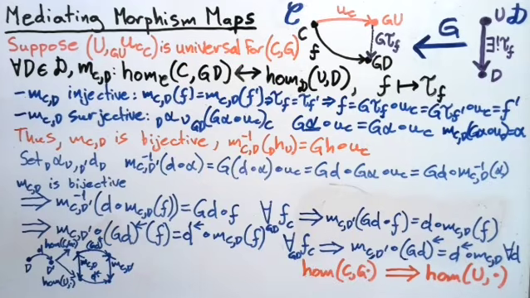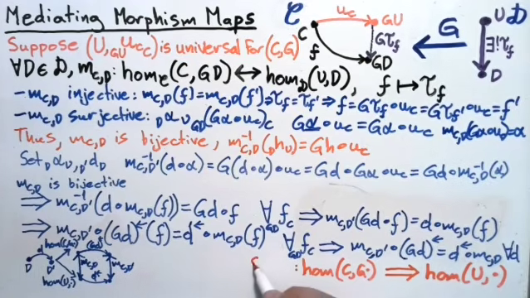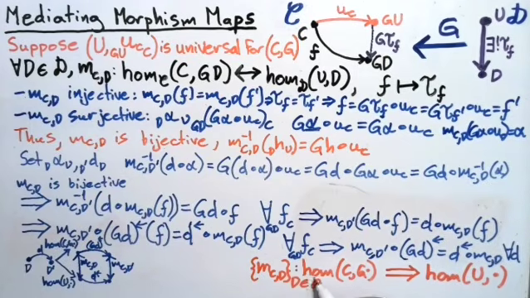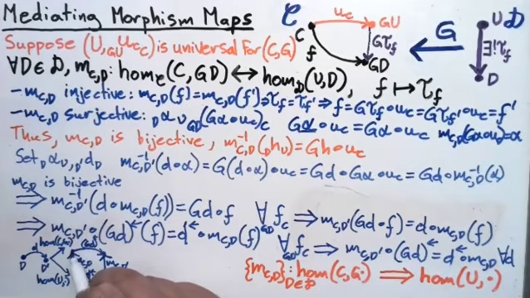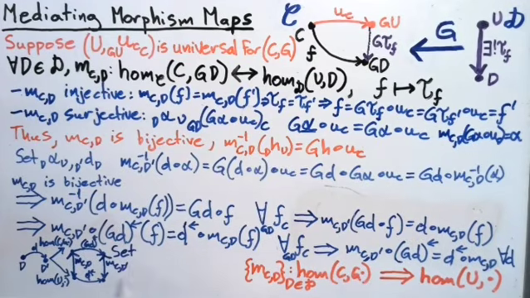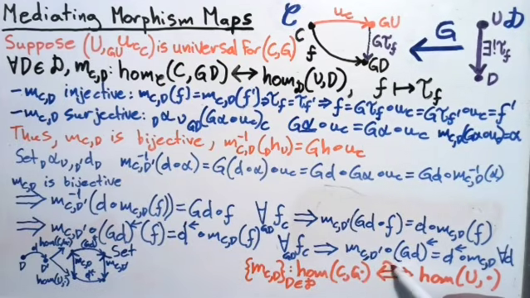And not only that, but we know that it's given by the mediating morphism maps, MCD, for all D in the category D. But since we know that each one of these components is actually a bijection, and that these are bijections in the category of sets, otherwise known as isomorphisms, what we actually have here is a natural isomorphism.